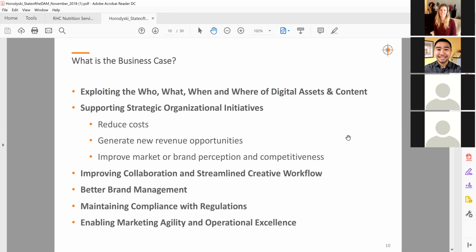Obviously, a digital asset management system will be able to improve collaboration and streamline creative workflow for all the creative production needs, whether it's creative services or a marketing organization. They're looking for better opportunities to collaborate. A DAM is able to better manage the brand with marketing campaigns on a regular or seasonal basis. And a DAM can enable more marketing agility, to be what is known in the marketing world as operational excellence.